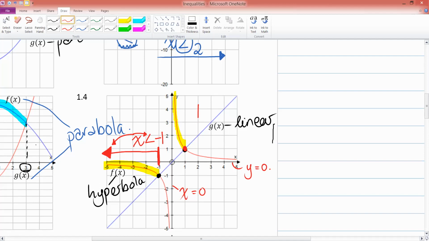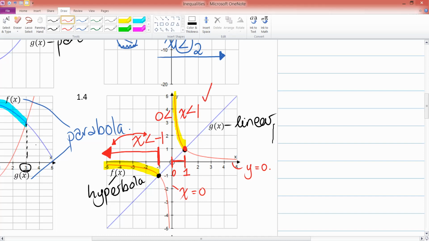It's everything on the graph between -1 and 0. Why do we say 0? Because the hyperbola is never going to touch the asymptote at x is equal to 0. So when we give this answer, it's going to be everything between 0 and 1.